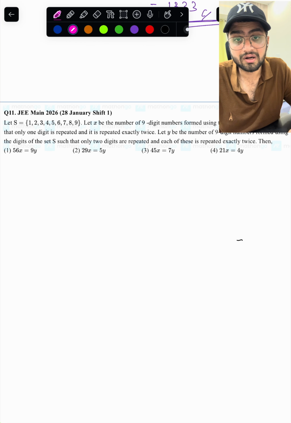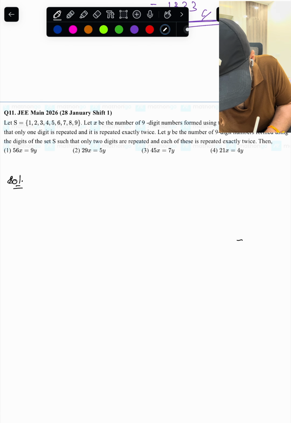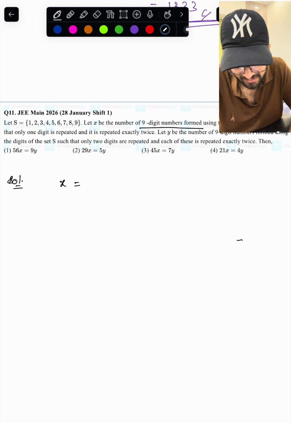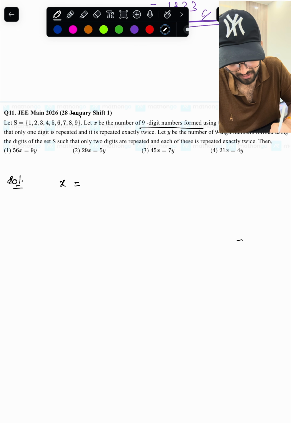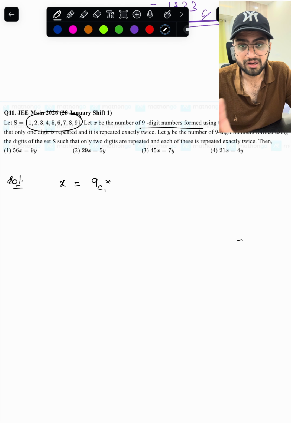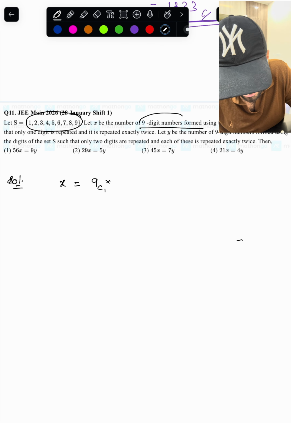Then they are asking for the relation between X and Y. So to find X, a 9-digit number should be formed. Exactly one digit should be repeated twice. So out of these 9, I will select any one of them to be repeated. Suppose I have selected one and it is taken twice. Now how many more digits are required?